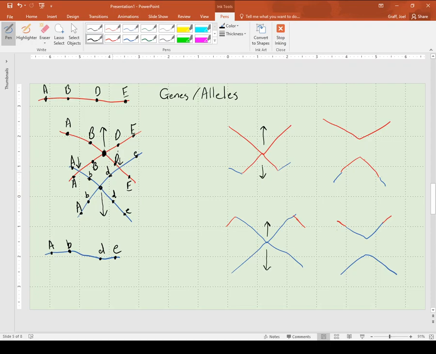Okay. So this is looking like a mess, but let's go through and pull those apart. Let's draw our genes along the chromosomes again.